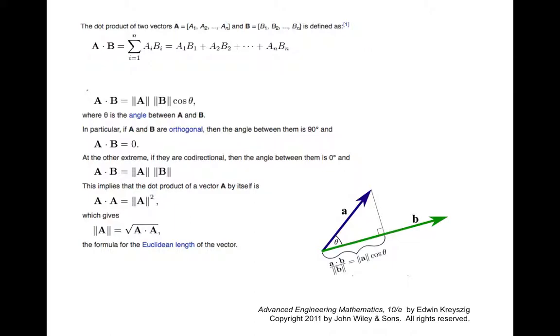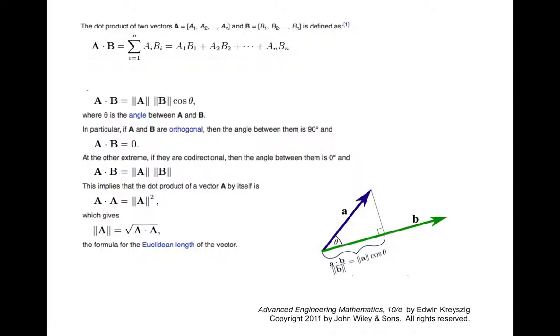So if A and B are orthogonal, the angle between them is 90 degrees, which geometrically in 2 dimensions is very easy to visualize. If they lie in the same direction, the angle between them is 0. So your cosine theta will be 0 for orthogonal vectors, meaning the inner product or the dot product is 0.